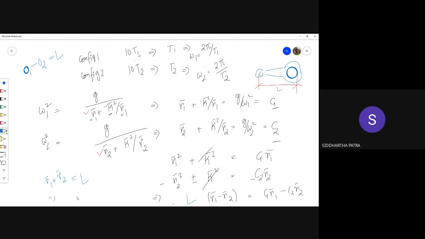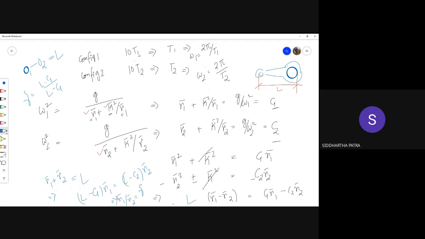Or in other words, L minus C1 times R1 bar equals L minus C2 times R2 bar, which would basically give us a ratio R1 bar by R2 bar equals gamma, where gamma is this quantity, L minus C2 divided by L minus C1.